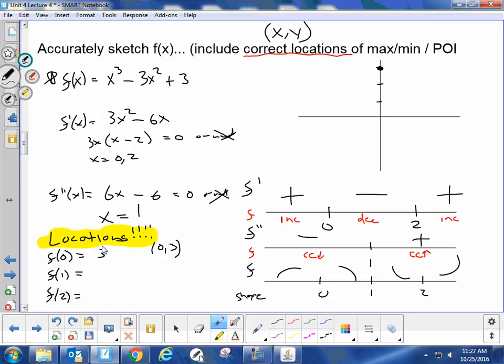I plug in 1, giving me the point (1, 1), which I can plot. I plug in 2, I get 8 minus 12 plus 3, negative 1, giving me another point that I can plot.